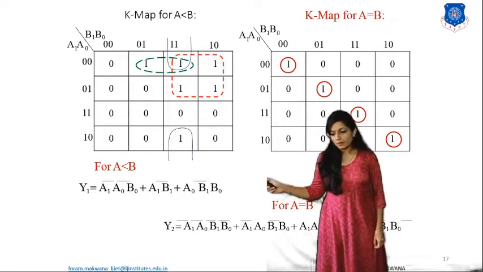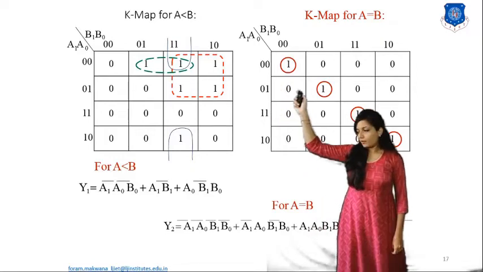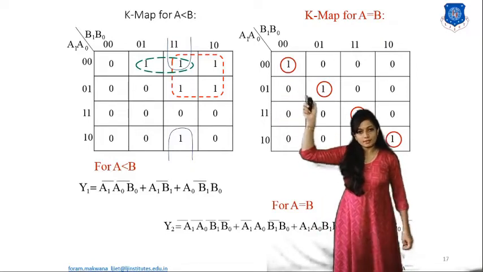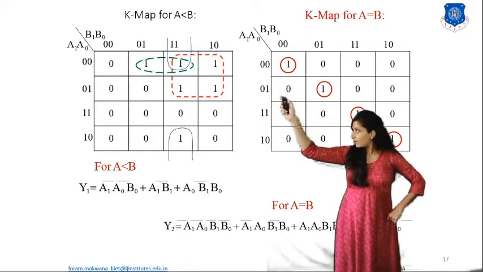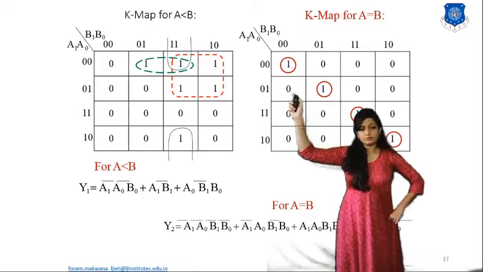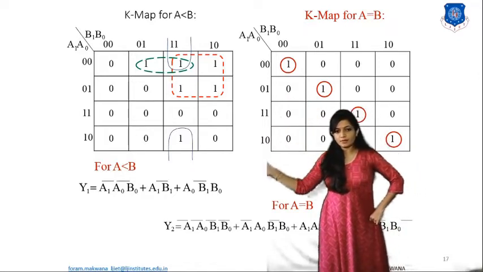First term, plus the red one, the group of these 4. What is common row-wise? In the row-wise, A1 bar is common. What is common column-wise? B1 is common. So A1 bar B1.